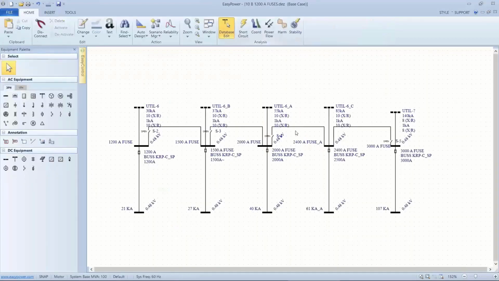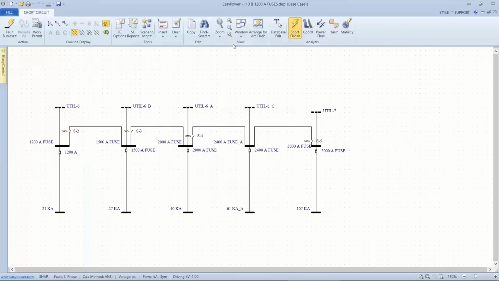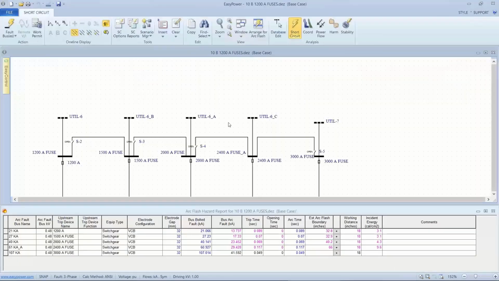So here's my 1200 amp setup. And so I go into short circuit current and fault all these buses, and then look at range for arc flash.